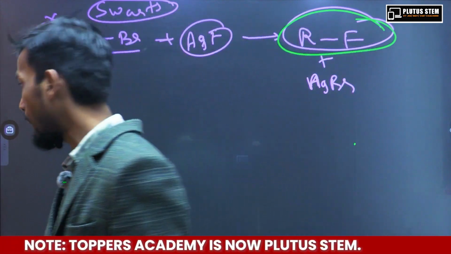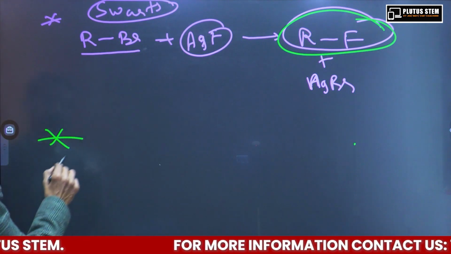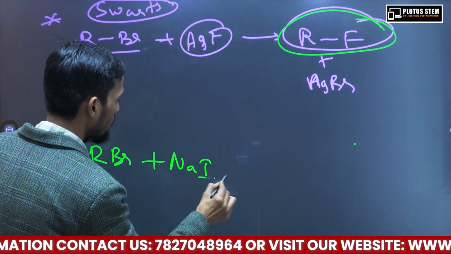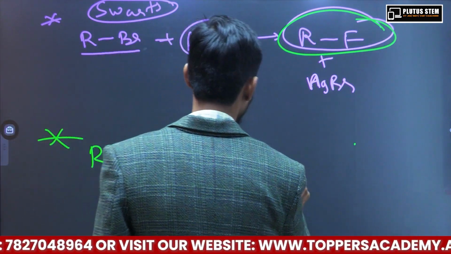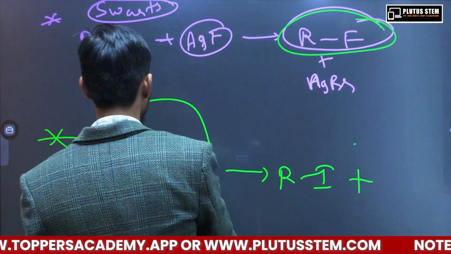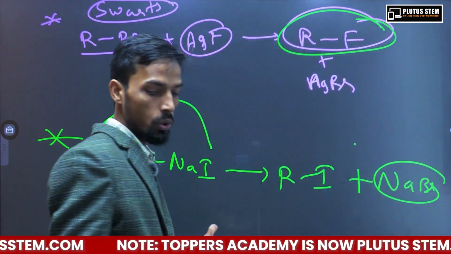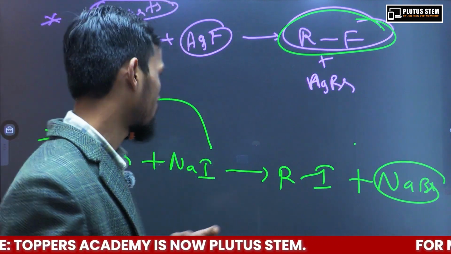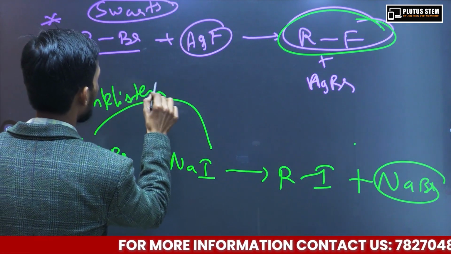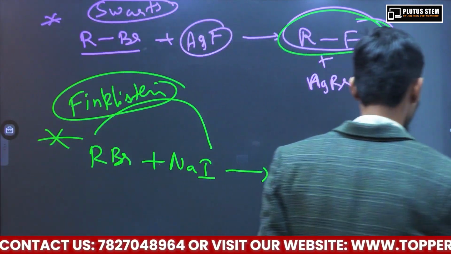Now for alkyl iodide, if we are having RBr plus NaI, it will give RI plus NaBr, sodium bromide. This reaction is known as the Finkelstein reaction.